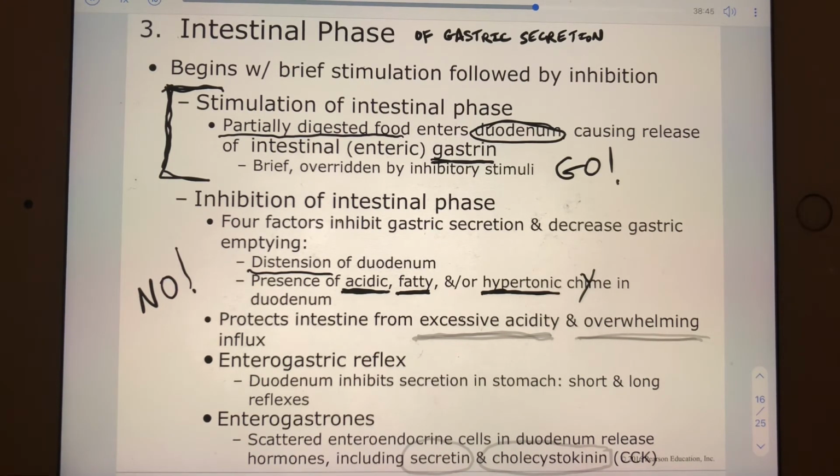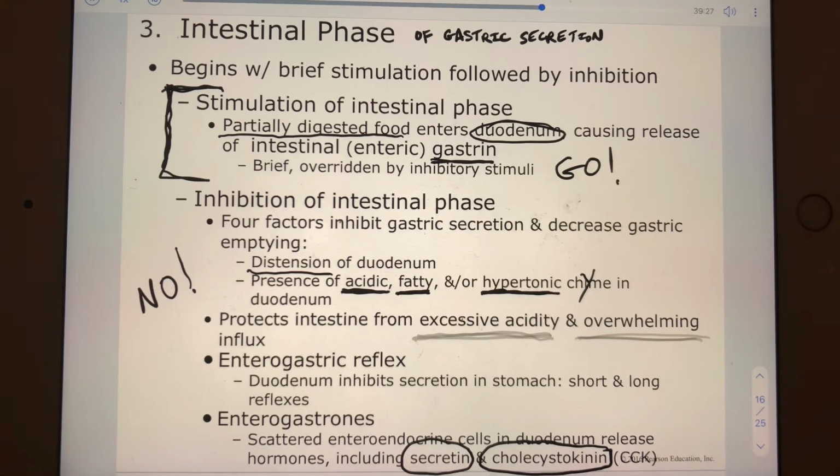And it will primarily utilize the hormones called secretin and cholecystokinin to signal the stomach to take a rest, inhibit its secretory activity just for now, until the duodenum empties and we sort of start the whole thing over again, even though it's the same meal. Okay?